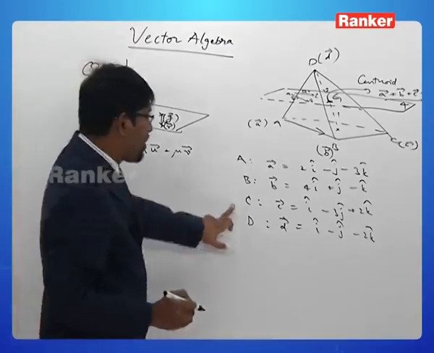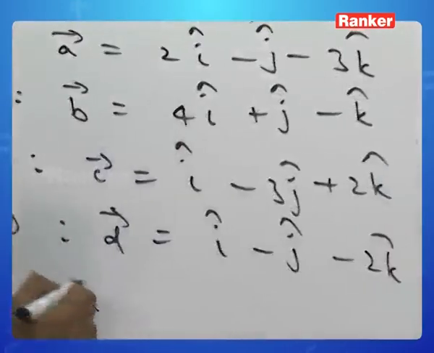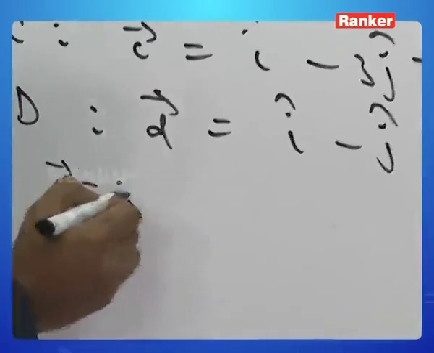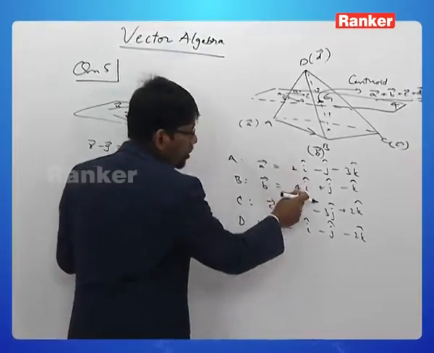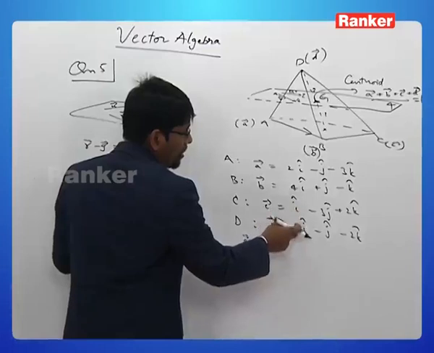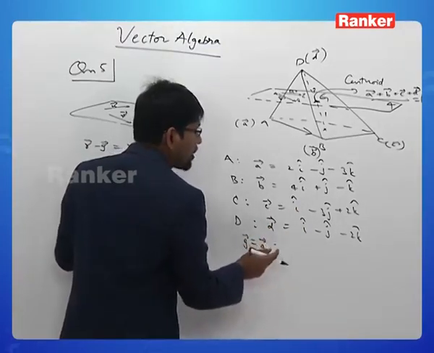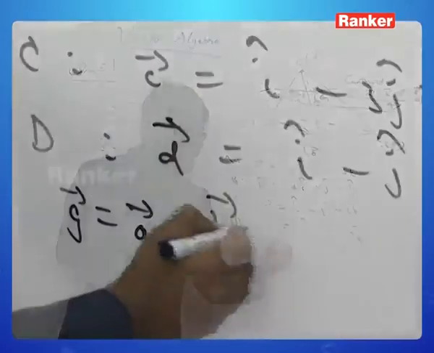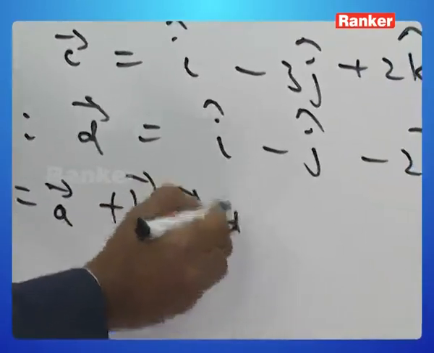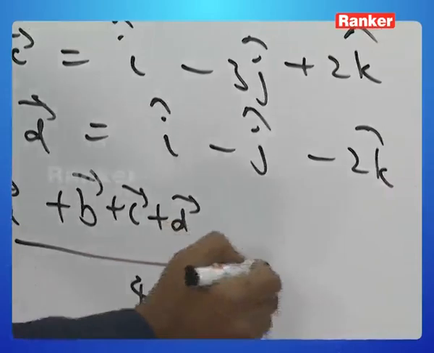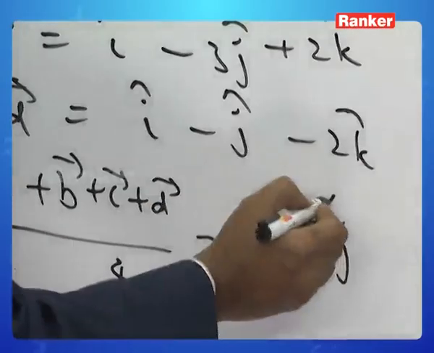What is A bar plus B bar plus C bar plus D bar by 4? So G bar will be given by clearly 2 plus 4 plus 2, that is clearly A bar plus B bar plus C bar plus D bar by 4, that comes out to be 2i minus j minus k.